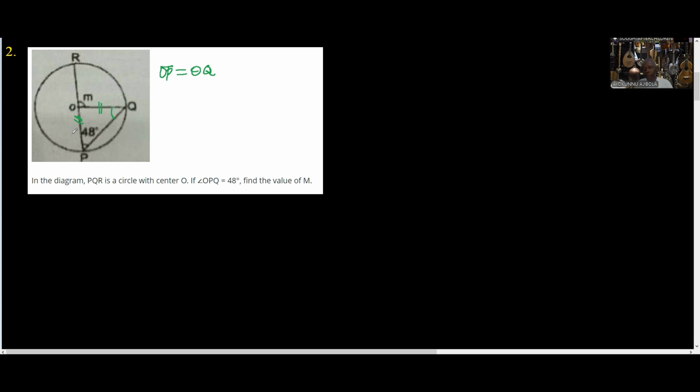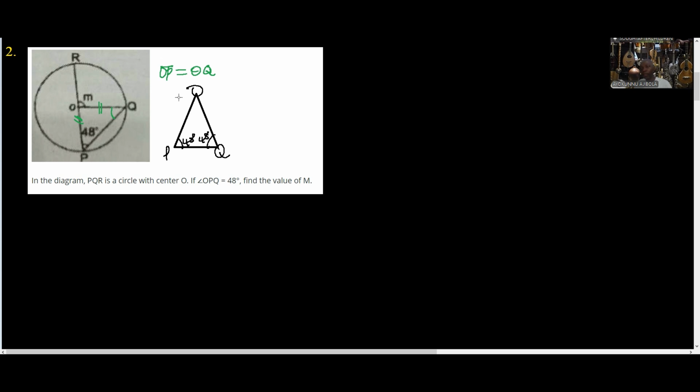They are both radii of a circle. So since they are both radii, we can bring out that triangle at the center and label it O here, P here, and Q here. So this is 48 degrees. This is going to be 48 degrees.